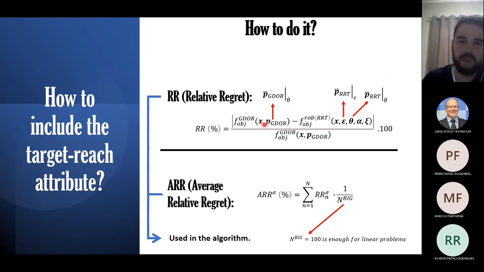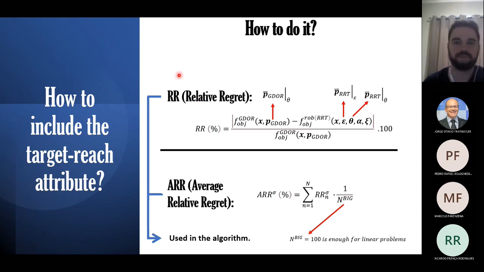So here we have our calculated or specified ideal solution. We will subtract the absolute value of this with respect to our robust transformed problem. After we make the transformation to a more robust model, now we are going to optimize it based on the concept of RRT, and then we are going to subtract it. It will be a criterion for the algorithm to stop.